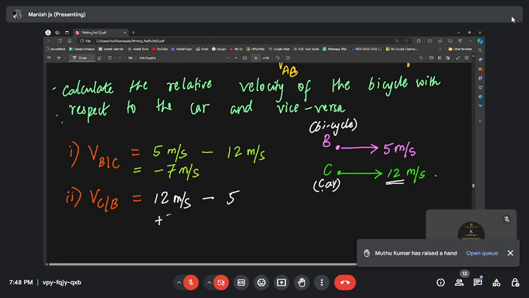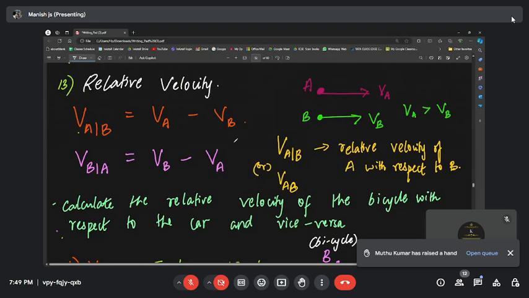This time you would get the answer as positive 7 meters per second. So this is how you calculate the relative velocity of one object with respect to the other.